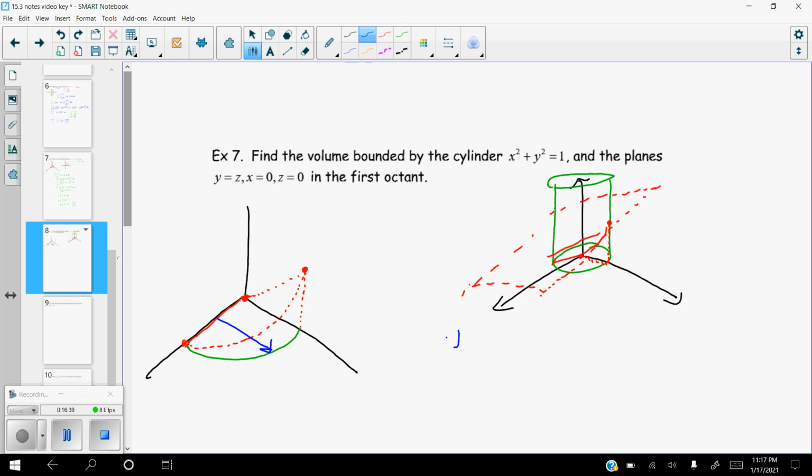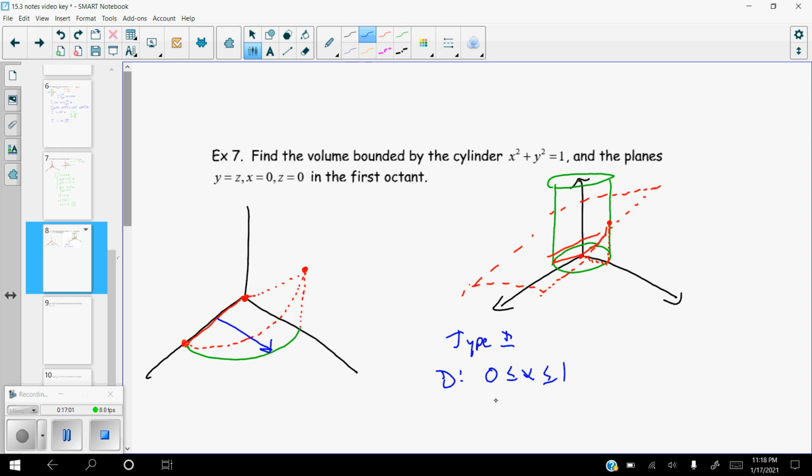So let's see our type 1 region, just to make sure that we write this correctly. Type 1, our domain is going to be, x is going to go from 0 to 1. And I know that because it's a circle, or in this case, a quarter of a circle with a radius of 1.